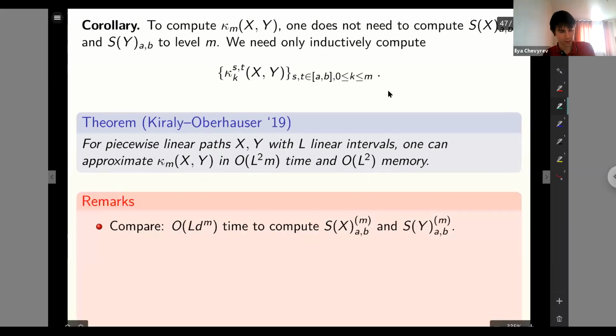So then what we should do is compare this to the more naive method of first computing the signature and then taking this inner product, this sum over the words.